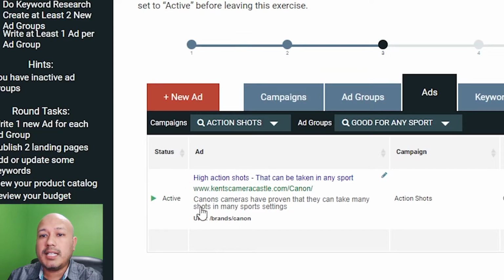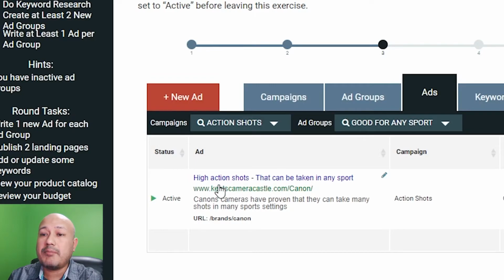So if you are selling Canon cameras, then your advertisement has to be more specific to Canon cameras, because high action shots, if you think about action, that particular keyword might be more associated with action cameras like GoPro or the Sony FDR-X3000 or some other action cameras, and Canon may not necessarily be associated with the action cameras, right?